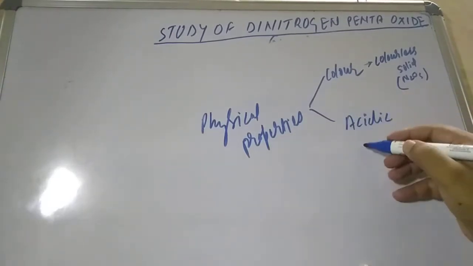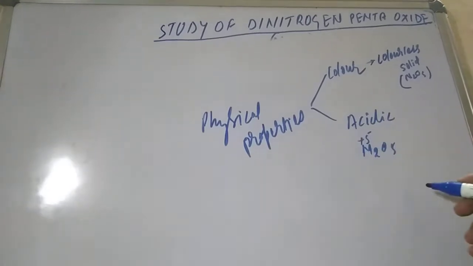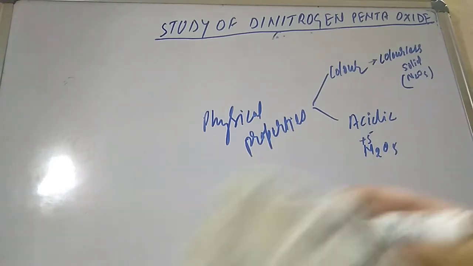The oxidation state in N2O5 is plus 5. The nitrogen oxides with low oxidation state are neutral, but in the case of oxides where the oxidation state is more, they are all highly acidic.